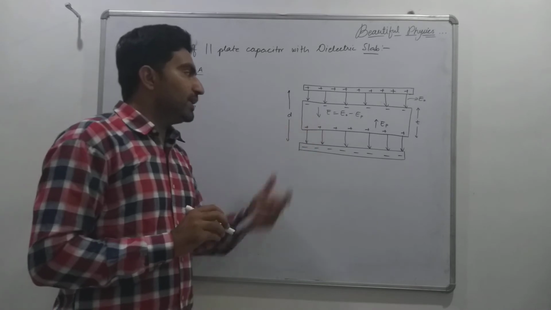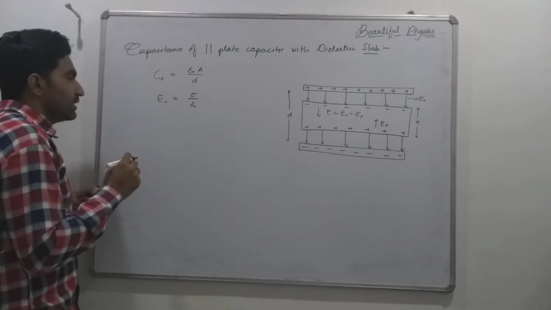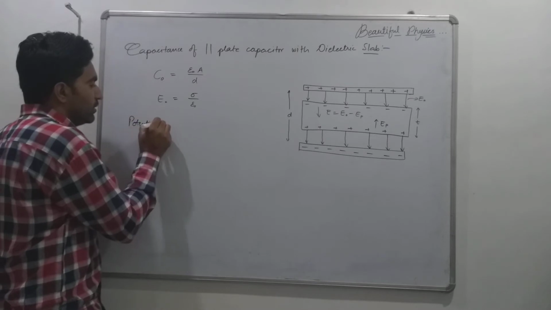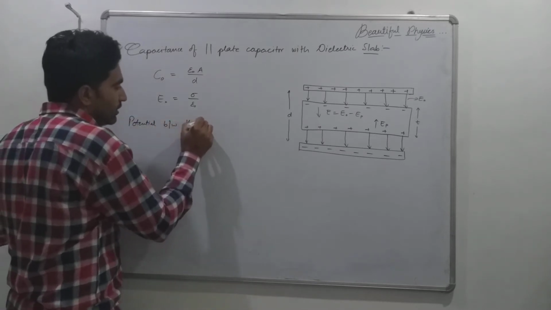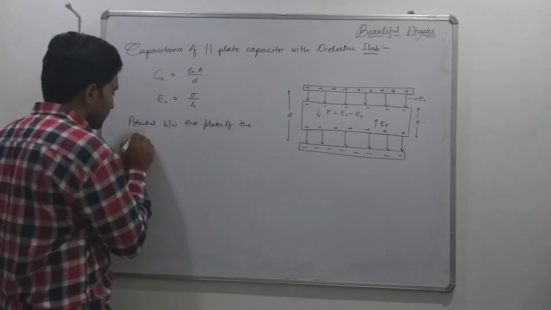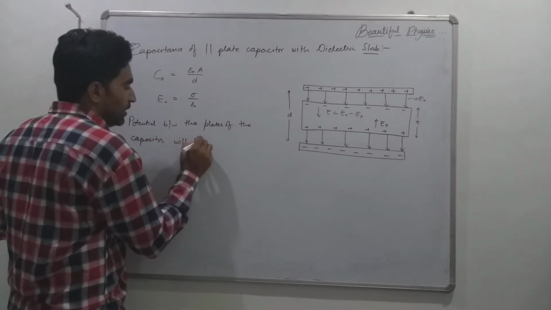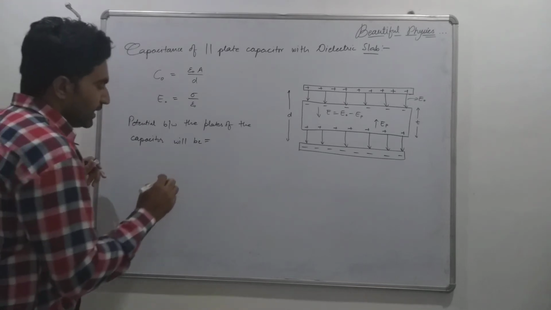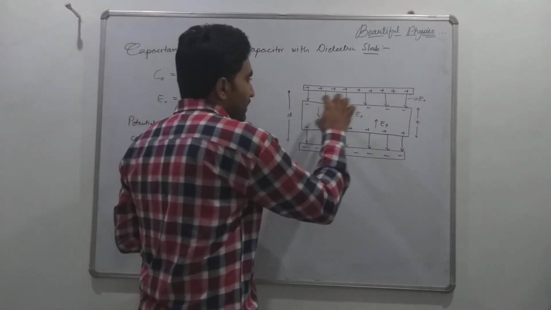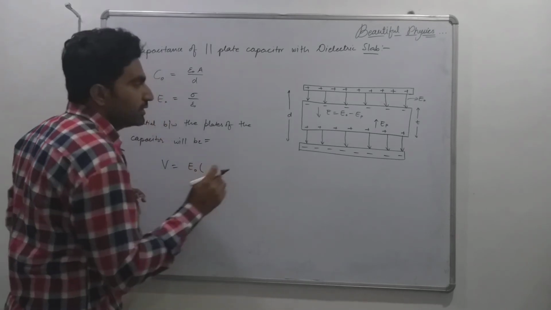But when the dielectric is placed between the plates of the capacitor, then the potential between the plates of the capacitor, I am writing it by V, will be equal to the electric field E naught times d minus t.